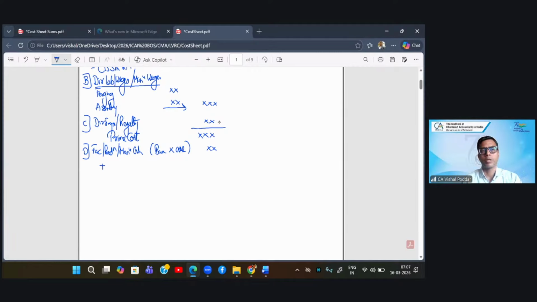In this, you will add opening WIP and subtract closing WIP stocks. And after this adjustment, what you get is called your factory cost. It is also called works cost.